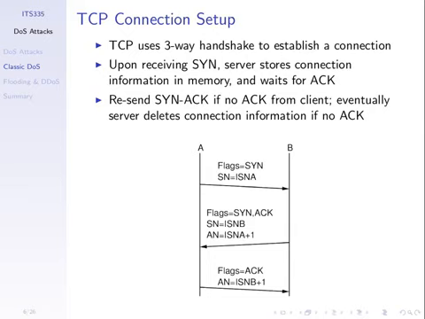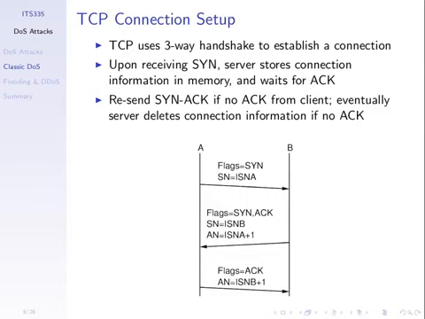After that, data is transferred. And this happens with all clients that want to connect to a server. When a client wants to connect to the server, in addition to exchanging these messages, the server in particular will store some information about that connection.